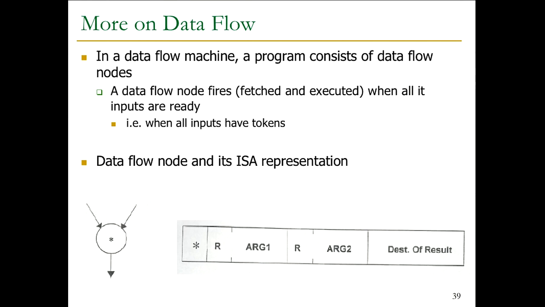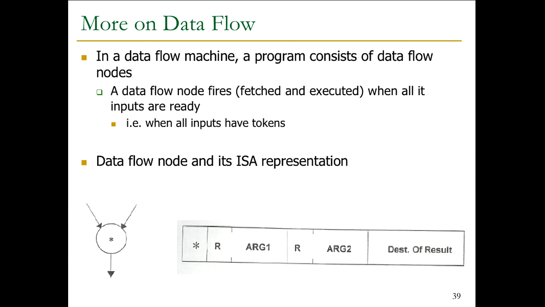In a data flow machine, a program consists of data flow nodes. A data flow node fires, which means that it's fetched and executed, when all of its inputs are ready. This is also called when all inputs have tokens. In the ISA, it can be represented like this. This is potentially an instruction encoding. You have the opcode, the first argument and whether it's ready or not, and the second argument and whether it's ready or not.